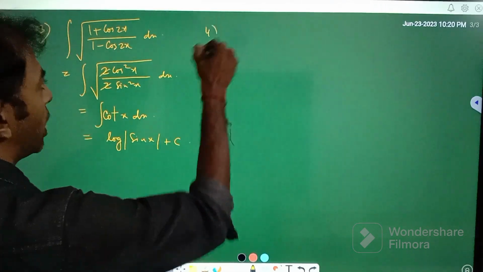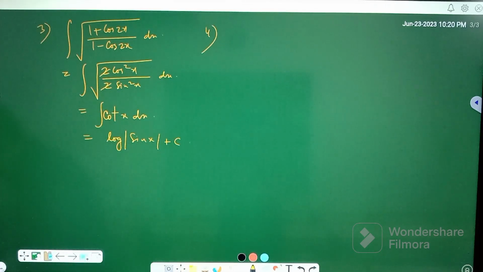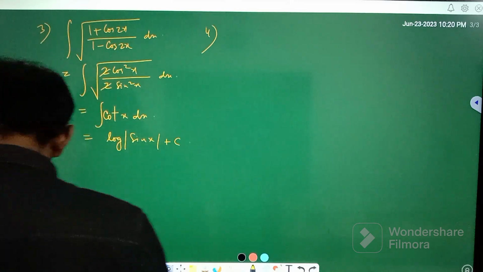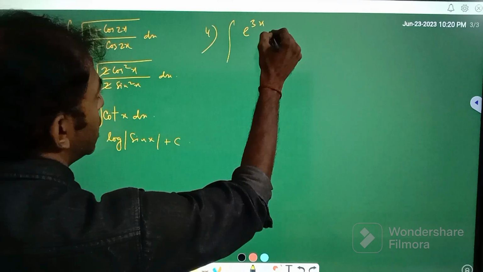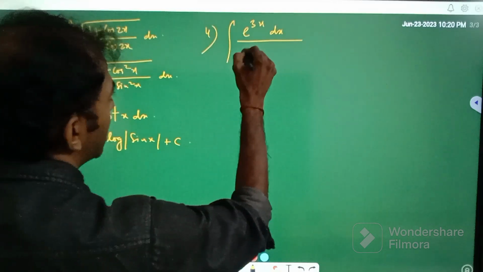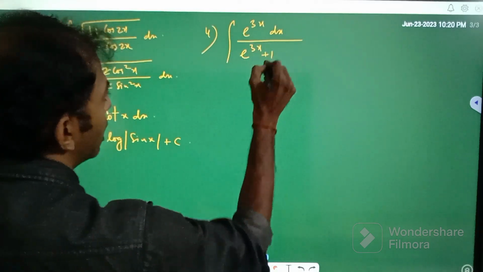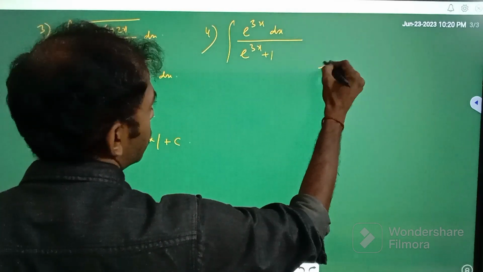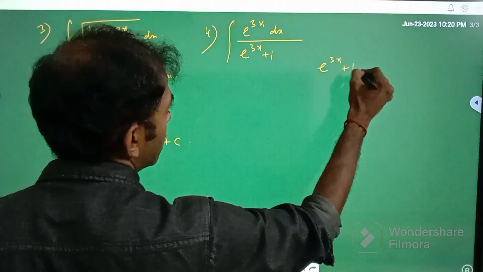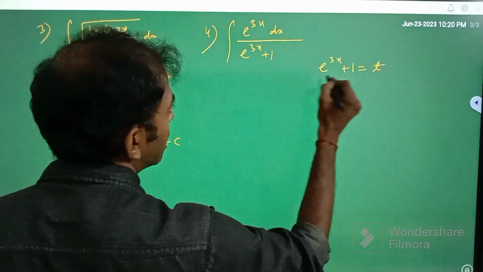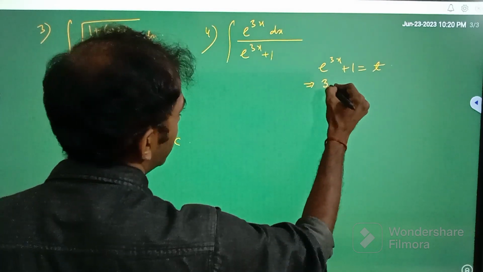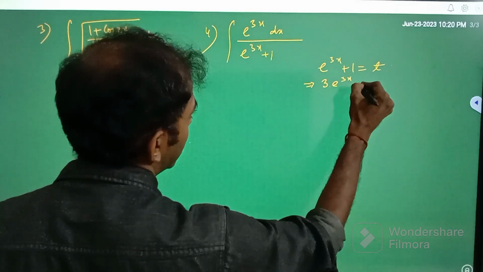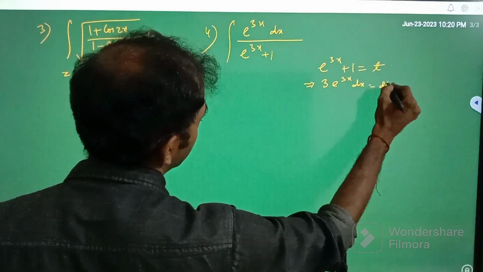Now the fourth problem. Fourth problem is something like this: e to the power 3x dx divided by e to the power 3x plus 1. We need to substitute e to the power 3x plus 1 by t. Hence, after differentiation, we will get 3 into e to the power 3x dx, that will be dt.